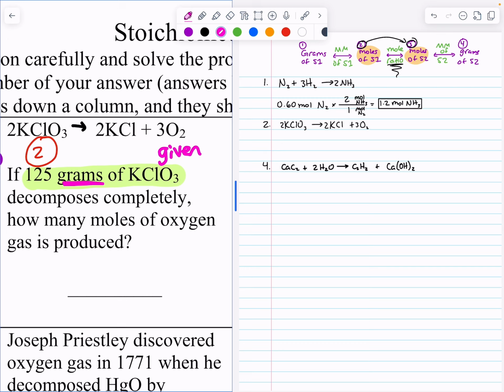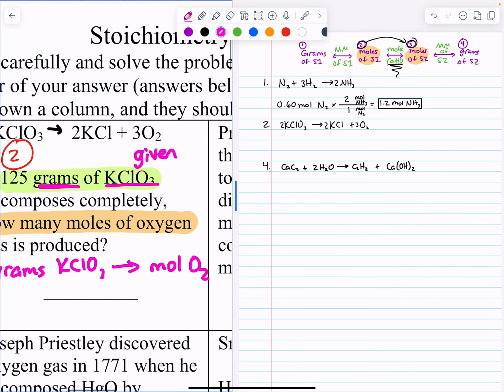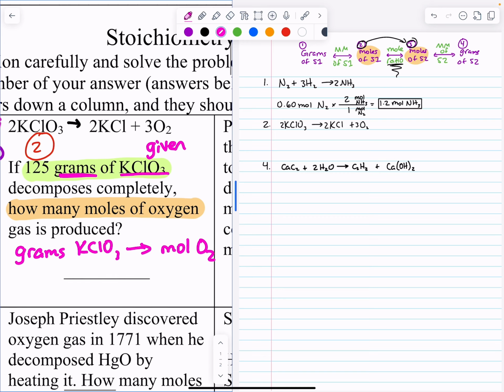I am given grams of KClO3. And I am looking for, what is the question asking? How many moles of oxygen? I am looking for moles of oxygen, not plain O. What does it say here? O2. Careful.